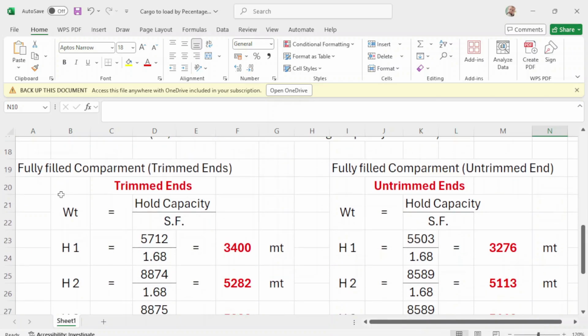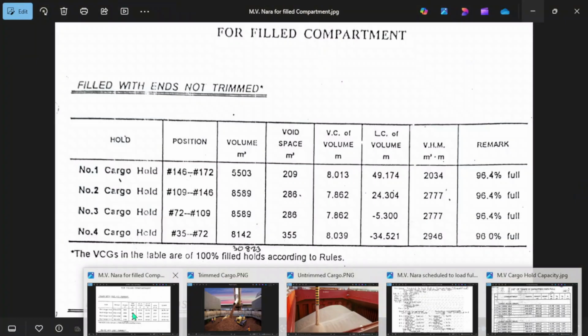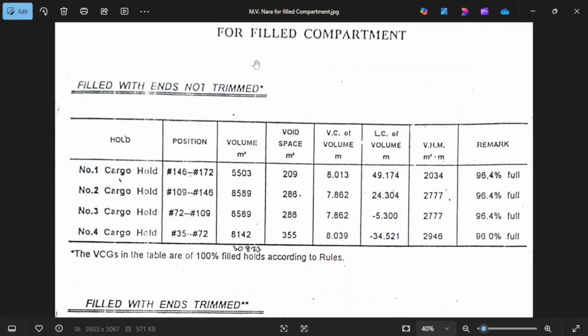Now we go first to the fully trimmed compartment. Okay. For the filled compartment, we have a table here. So when you say untrimmed, this is the total volume for each hold.